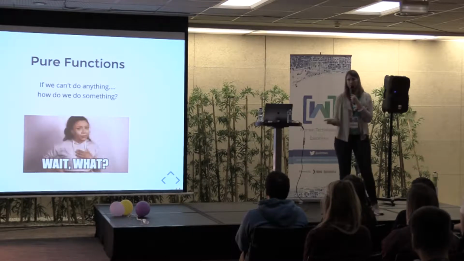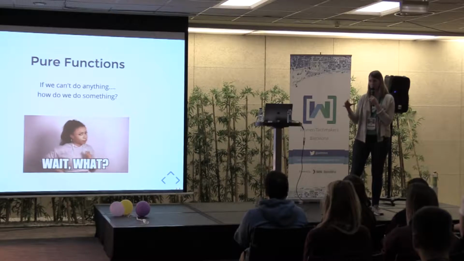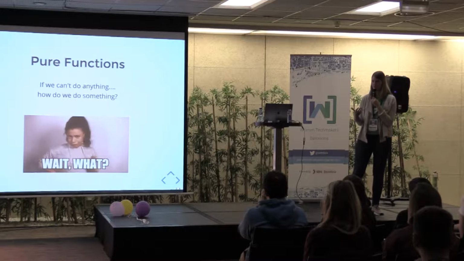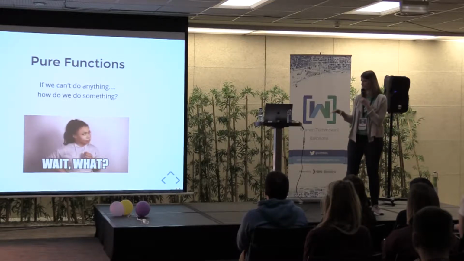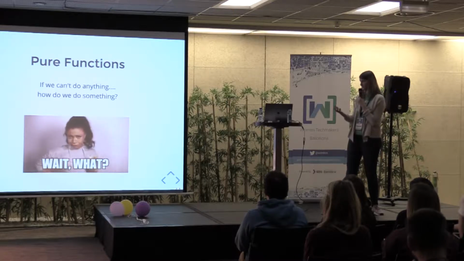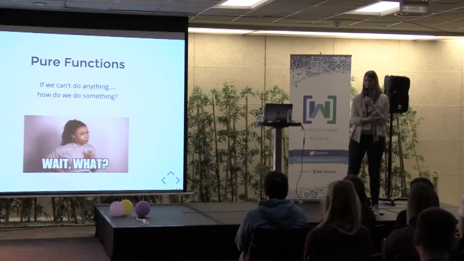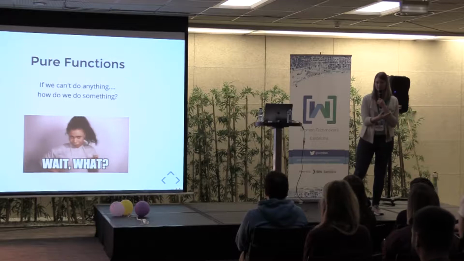OK, so functional programming is not about making everything pure and immutable, because obviously you will not achieve anything. It's about making all that can be made this way, and having clear visibility of which parts of your program depend on other things, and which parts of your program change other things.